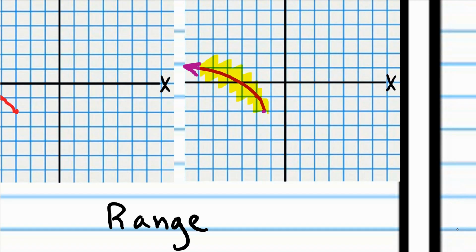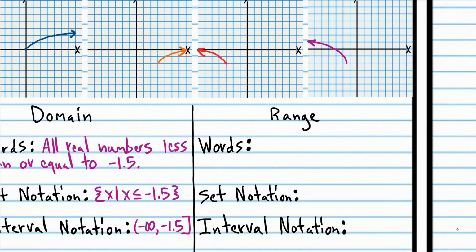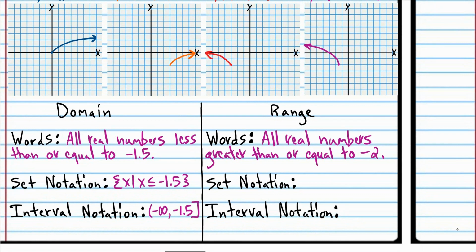And all of the points above that point have y values that are greater than negative 2, so obviously the range is all real numbers greater than or equal to negative 2.